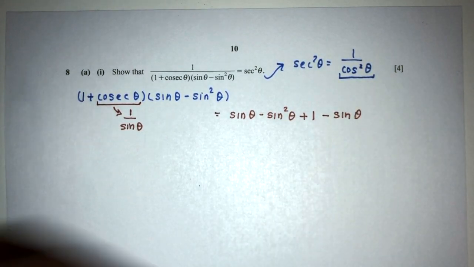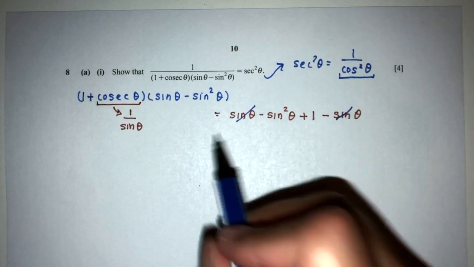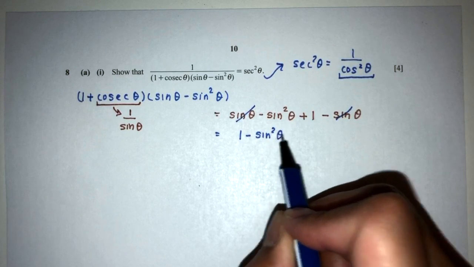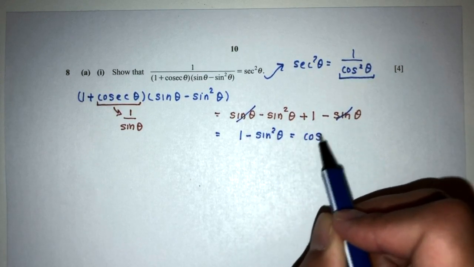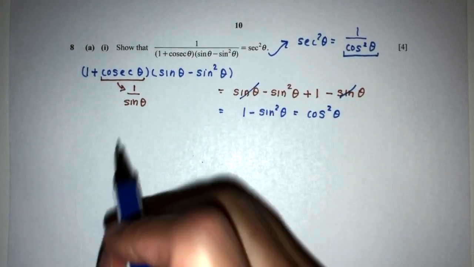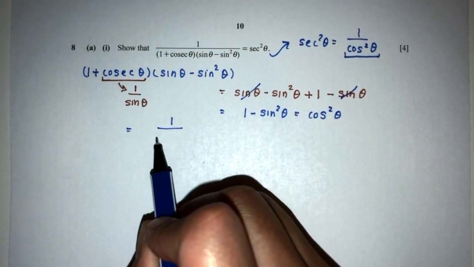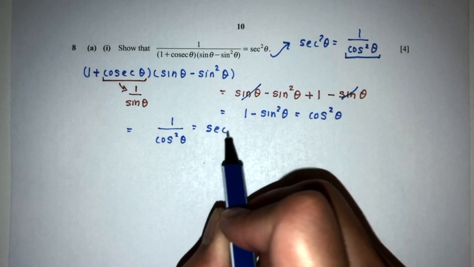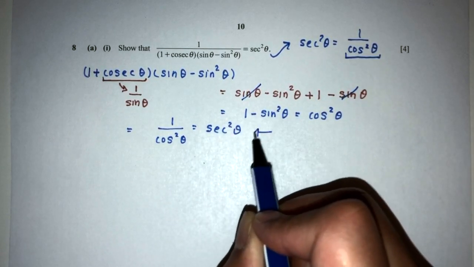If you observe, this and this will be cancelled, and you will have 1 minus sine square theta remaining, which is equal to cos square theta. So now replace this back in the main equation. That will be 1 over cos square theta, which is equal to sec square theta. This is shown as required.